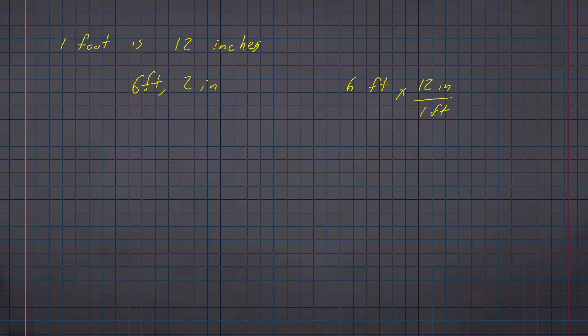But since there are 12 inches in 1 foot, I know that I can multiply a number of feet times 12 and get that 6 feet is the same thing as 72 inches. So 6 feet 2 inches is the same thing as 74 inches.